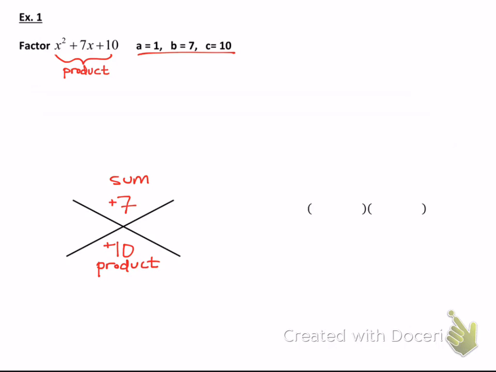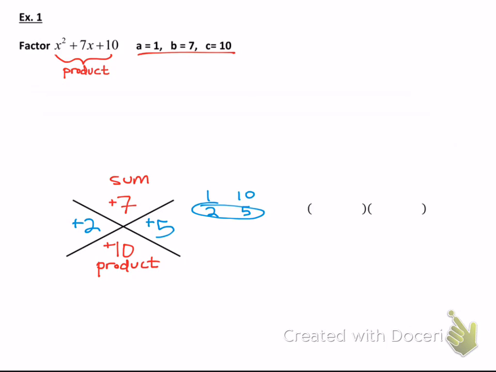So you kind of have to know your math facts here, right? And so if you list them out, like 1 and 10 gives you positive 10, 2 and 5 gives you positive 10, that's kind of it. Right? And so which one of these two factor pairs gives you a product of 10 and a sum of 7? It is a positive 2 and a positive 5.